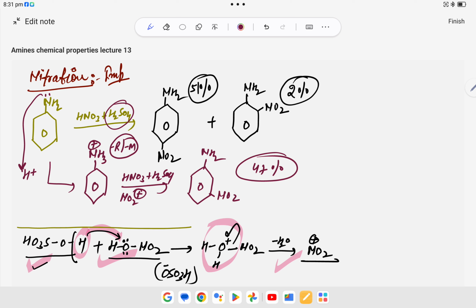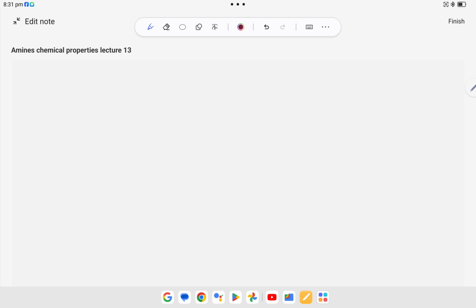Similarly, if you want to form a monodirective compound, what happens in that case? Again, the same thing you have to do: acetylation.